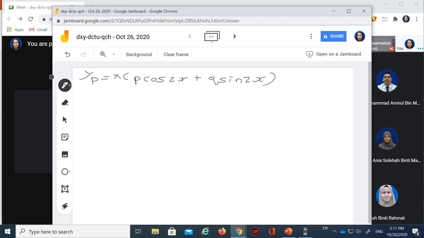So this one, to get y prime p, you differentiate with respect to x your y p, right? And then you notice that this one you have product form, u v.